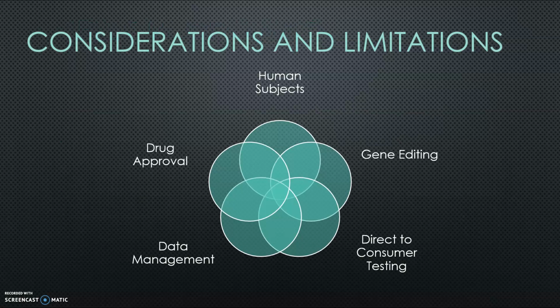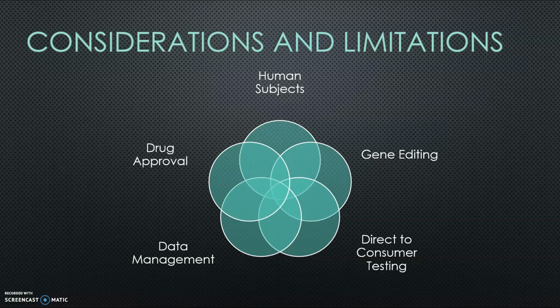So, considerations and limitations. In the field of genomics, we have a lot of things to consider and some limitations that still exist. Because we're talking about the human genome more often than not, we have to look at the implications of human subjects. There are many ethical limitations and considerations to be made when dealing with human subjects.